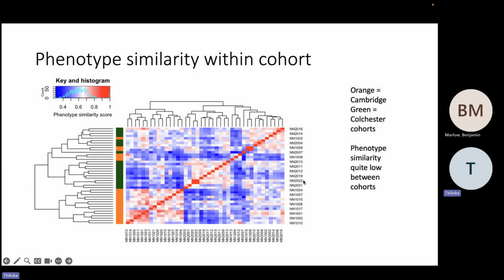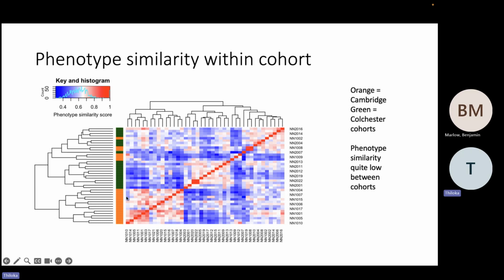So this is where I've essentially lumped all that data together for the Cambridge and Colchester patients and performed a similarity score, looking at phenotypes between Colchester and Cambridge to see whether there's any clustering, with the study IDs on the x-axis.